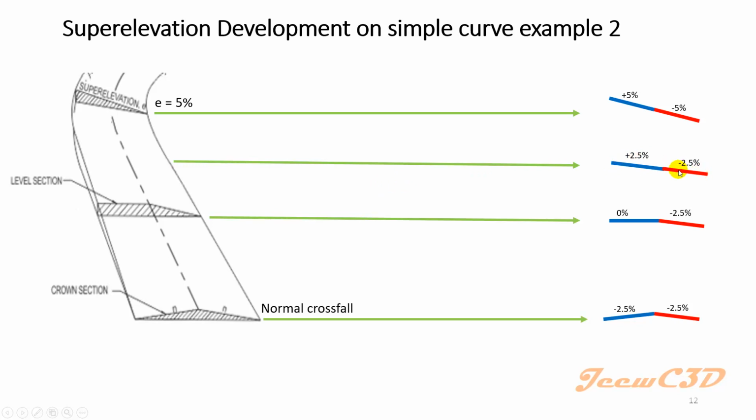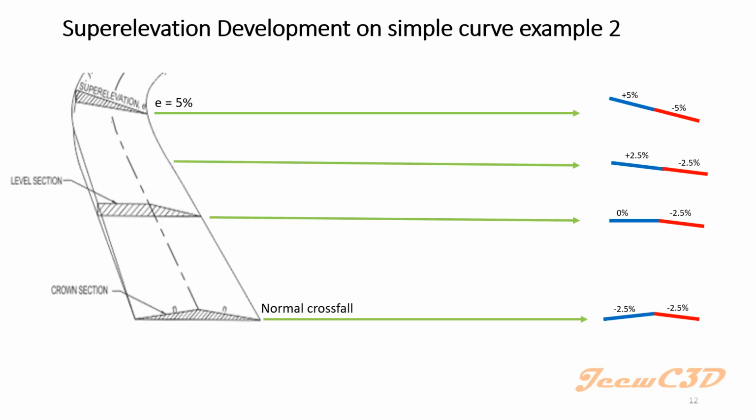That means same super elevation magnitude but different signs. We call this location the reverse crown, where both super elevations are equal but the sign is different. After this point, both sides of the road are rotated up to the required super elevation: one to -5 and the other to +5. That is how the super elevation is developed inside the curves.